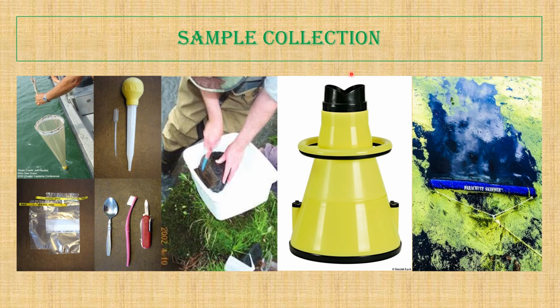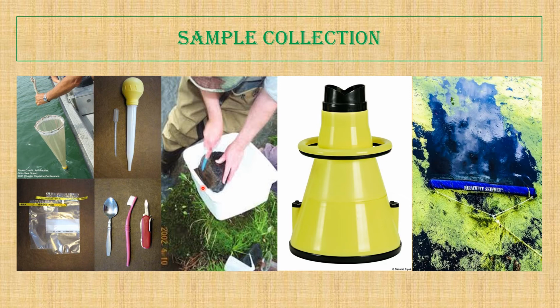Also, we can sample the algae on site using this aquascope. Benthic algal samples can also be collected from the pebble, as it grows as a biofilm of various algal community as well as other microbial community on the surface, this periphyton.